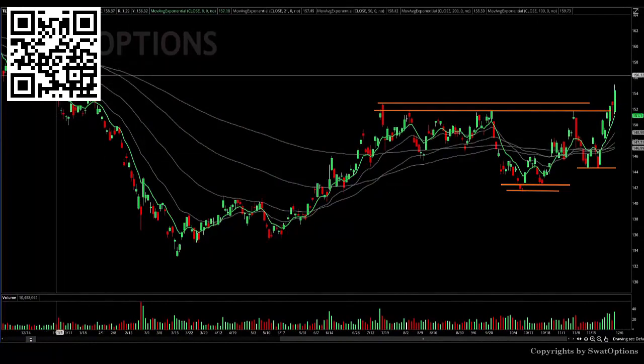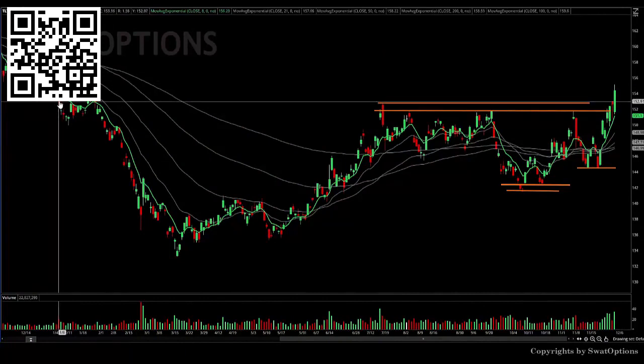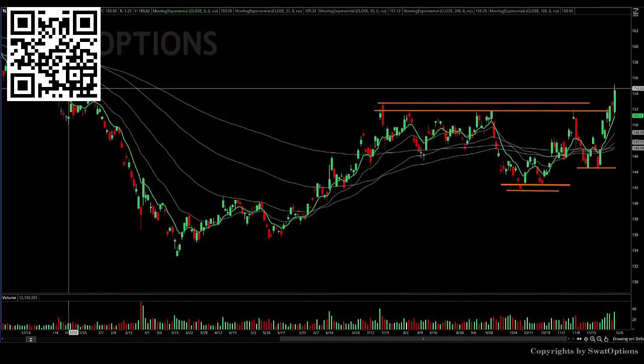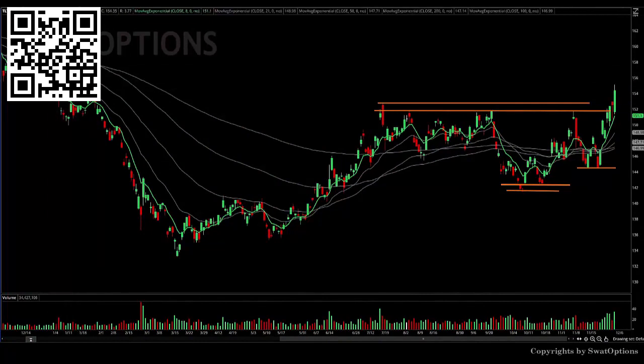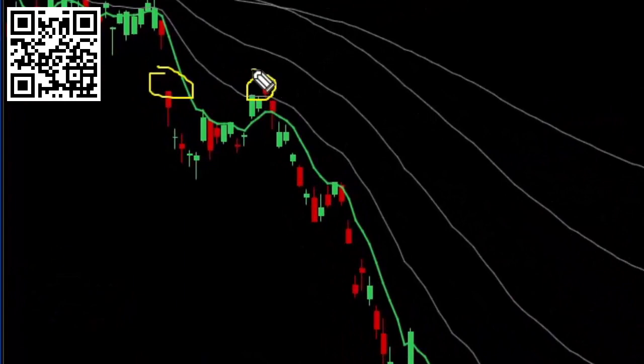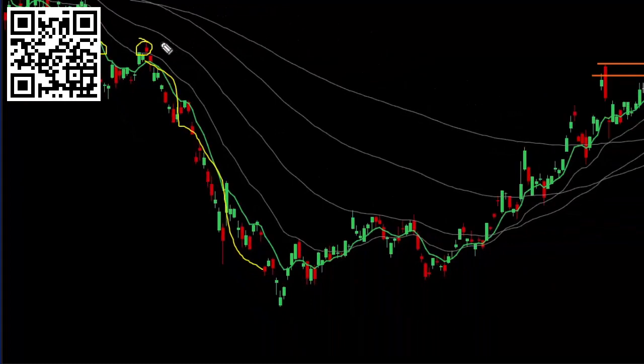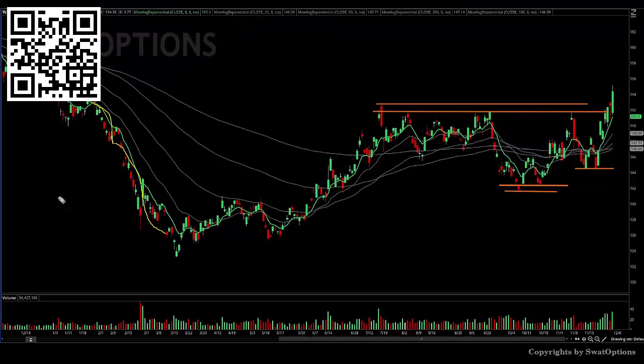We have here a big pullback from 155, and a big pullback here with a gap that never got filled, and some sellers. Here after the gap, sellers kept price down. Here retest once again, and sellers kept price down, and big correction ahead. So this is a supply zone, and it seems that we are getting very near of that.